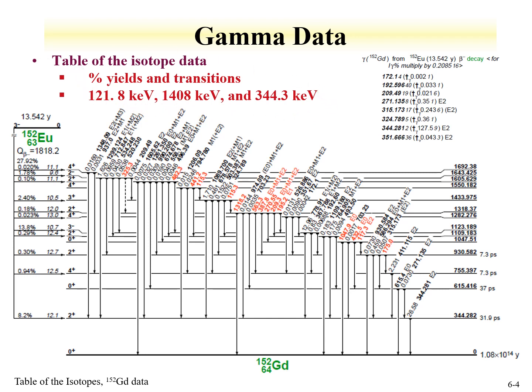And if we explore the data as we've shown in the table of the isotopes, we can find the gamma decay for this 344 keV. So when europium-152 decays to the gadolinium-152, it goes to this excited state. This excited state is 344 keV above the ground state.